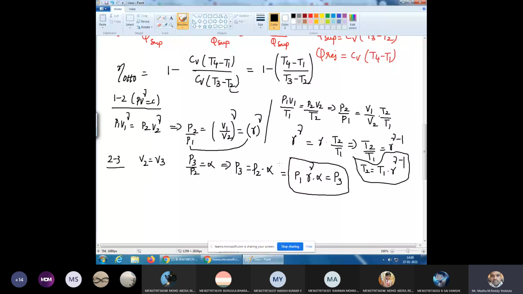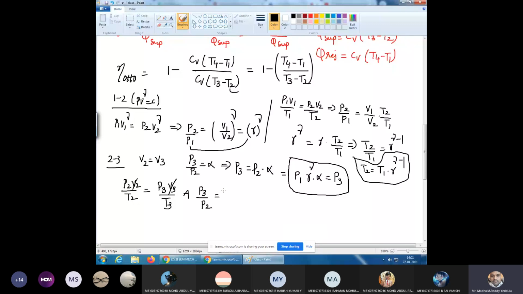And T3 by T2: because it is a constant volume process from 2 to 3, P2 V2 by T2 is equal to P3 V3 by T3. When volume is constant, I can cancel V2 and V3. So P3 by P2 is equal to T3 by T2.